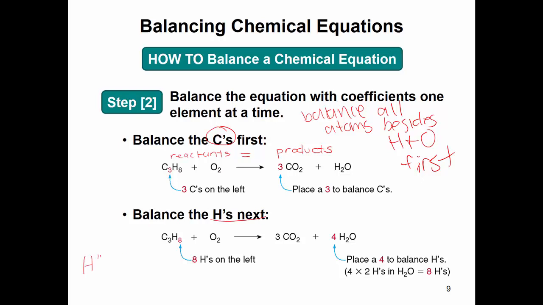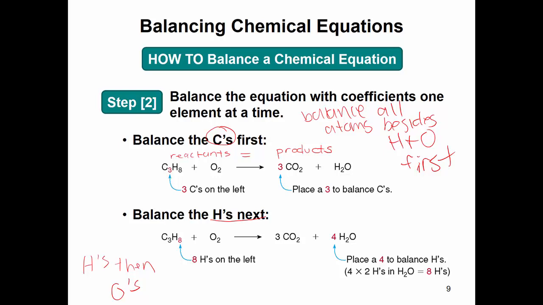So hydrogens, then oxygens, if you have these. This helps make for a smoother balancing experience if you remember these rules. So balance all atoms besides hydrogen and oxygen first, then hydrogen, and then oxygen.